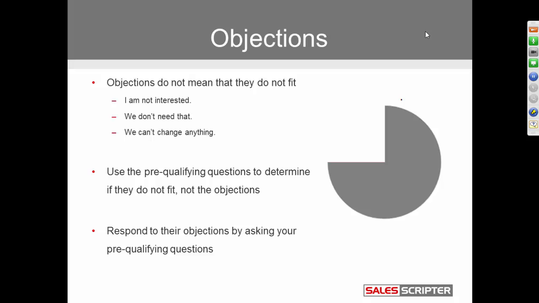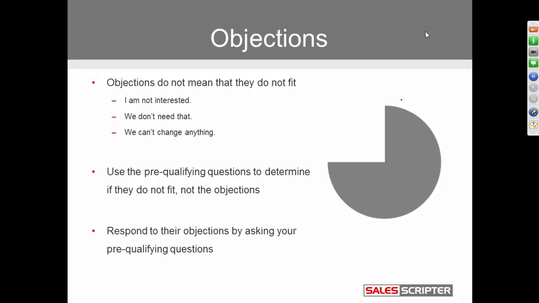They could be, but what you can do to fully identify, when a prospect's giving you an objection, if they're in the red or they're in the gray, is to ask them your pre-qualifying questions. By the way, your pre-qualifying questions are great responses to get around objections. Someone says we can't change anything right now. Oh yeah, I understand.